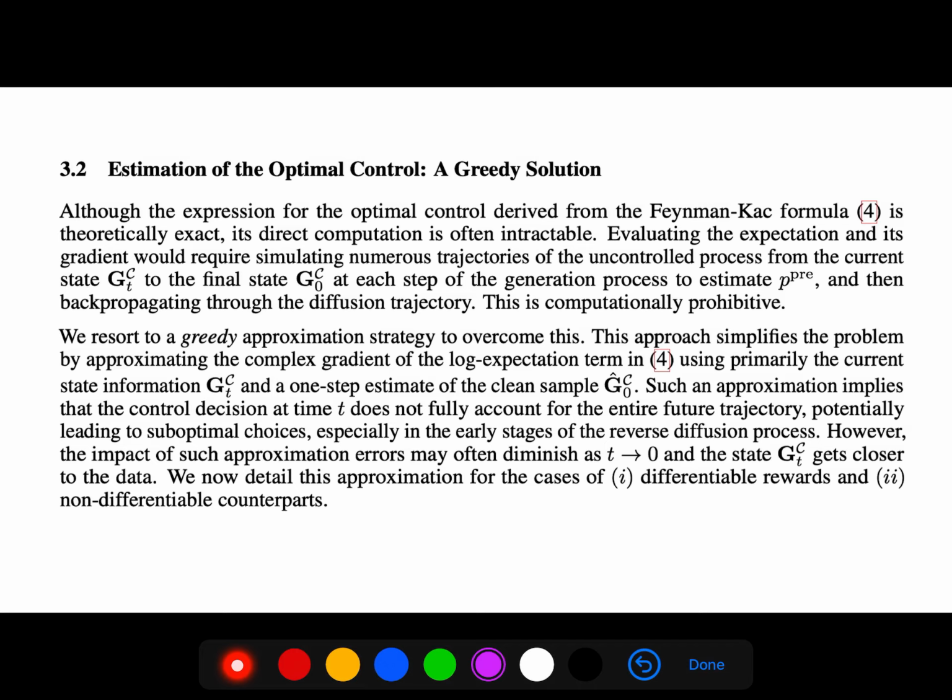Such an approximation implies that the control decision at time t does not fully account for the entire future trajectory, potentially leading to suboptimal choices, especially in the early stages of the reverse diffusion process. However, the impact of such approximation errors may often diminish as time goes to zero.